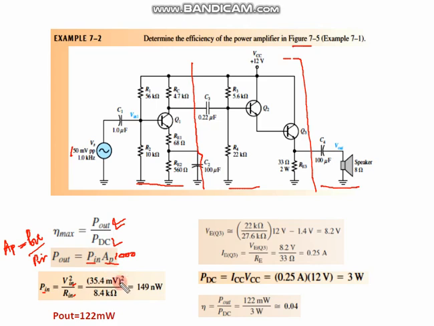You square it and divide by Rin, the input resistance you calculated in the previous part, which comes out to be 8.4. So P in comes out to be 149 nanowatts. Now I can put this value over here, and the gain was already calculated, no need to calculate it again, and then P out comes out to be this value.